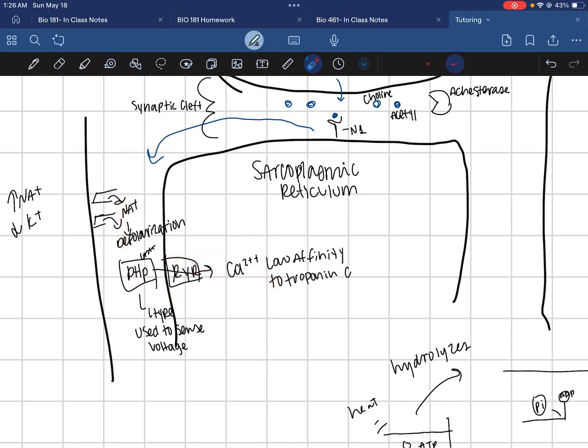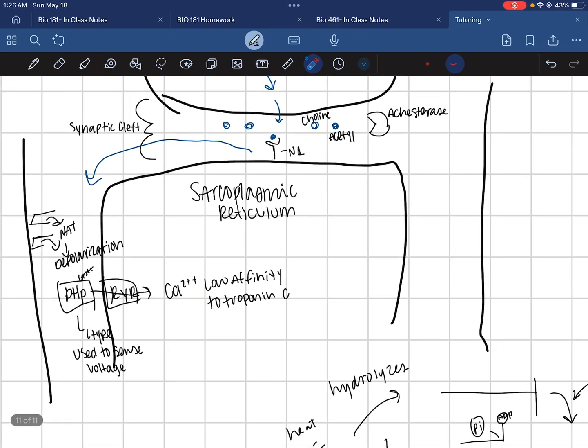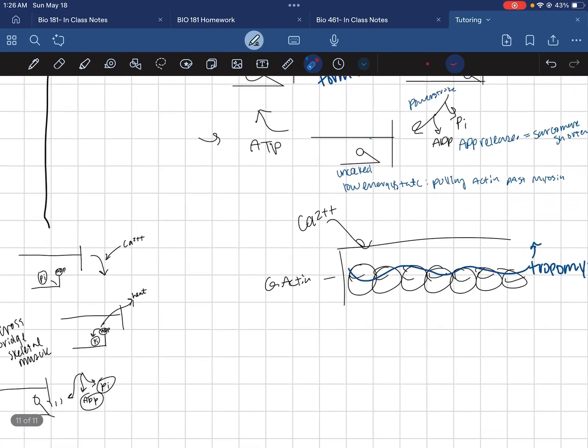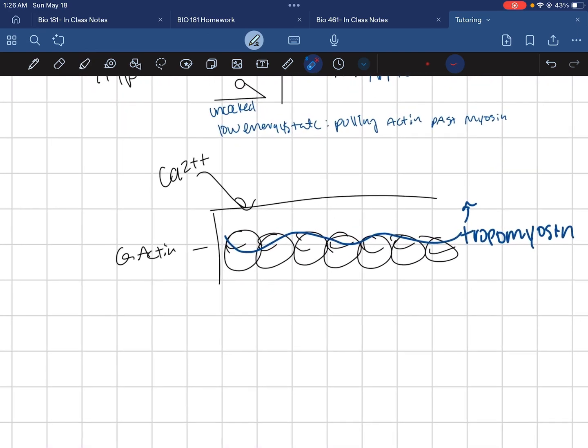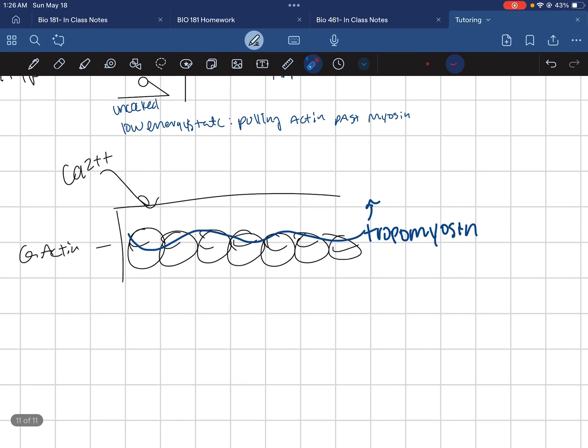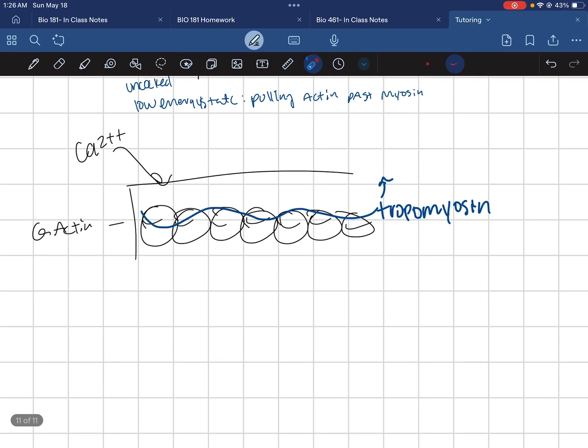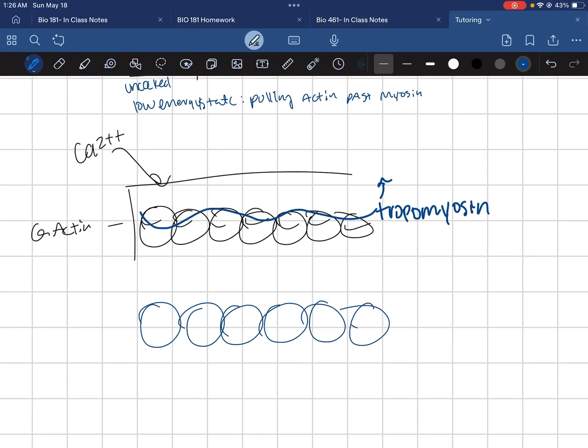And then calcium binds to low affinity binding sites on troponin C, which causes it to move tropomyosin off of its active binding sites on each actin G molecule, which is what we are basically referring to right here. So, uncovering, so let's imagine that this is being uncovered now, and now it can do things that it couldn't when it had something weighing it down.